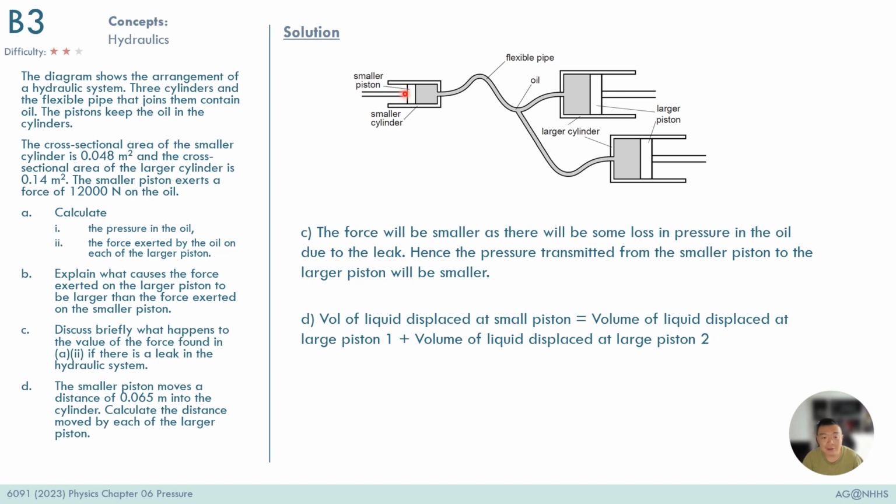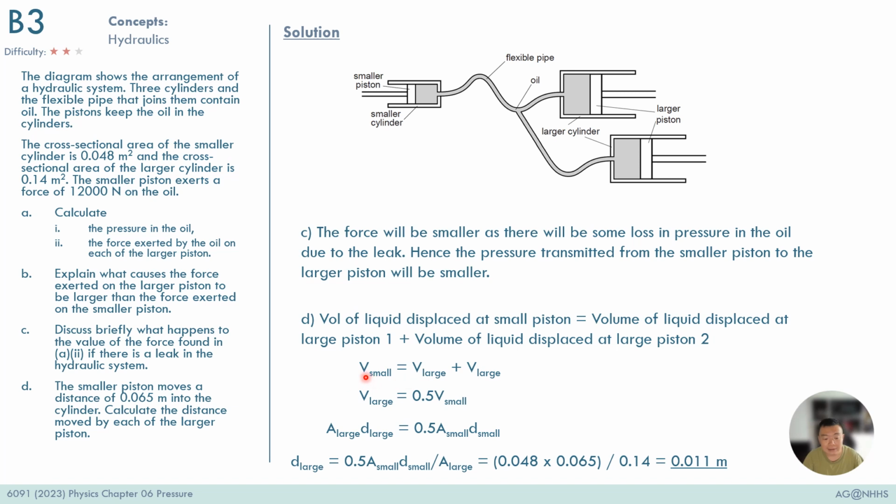Whenever we push down on the smaller piston, we are pushing away a volume of oil that will be pushed towards the right side. The volume of oil displaced on the left will be the same as the volume of oil displaced on the right, which is the volume displaced in the larger piston here and the second larger piston over here.